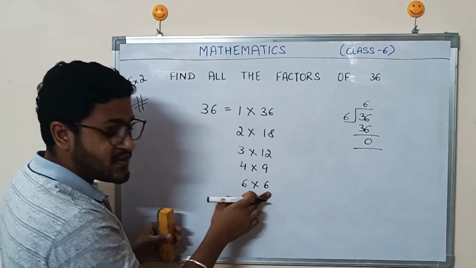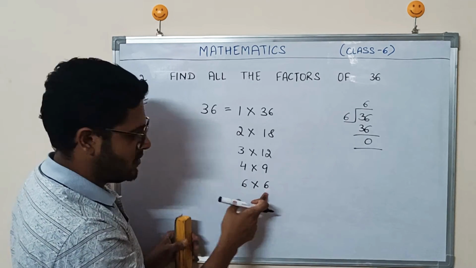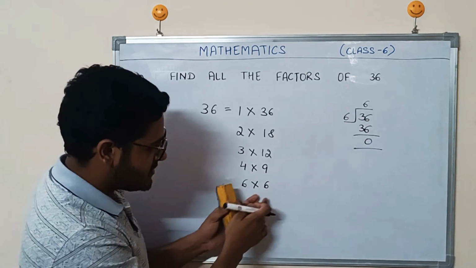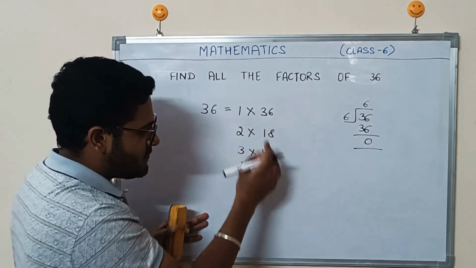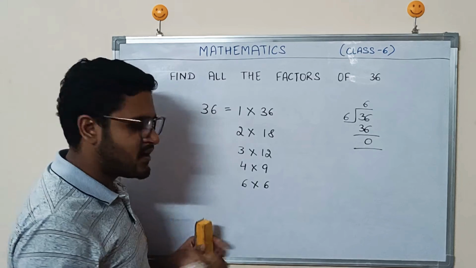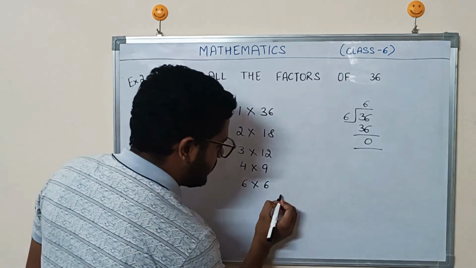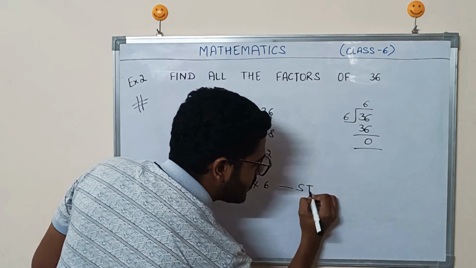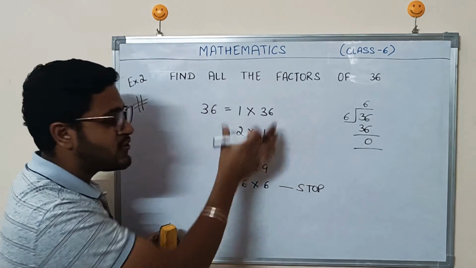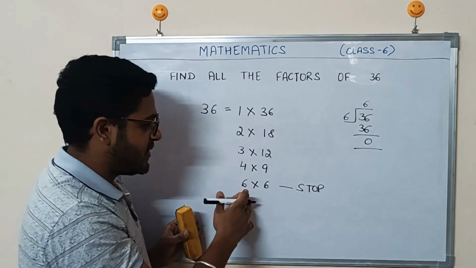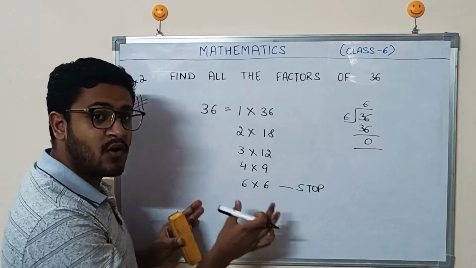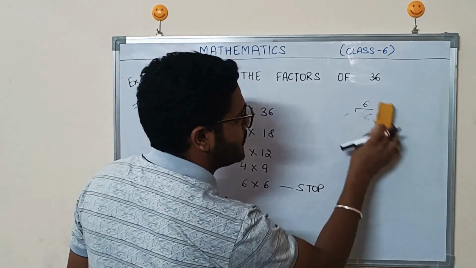Now what do we see? The factors have repeated. The 6 first came here, then again it came here. So whenever we are doing this and even one factor repeats, then we will stop finding the factors, because if the factors are repeating, it means that we have found all the factors of that number.